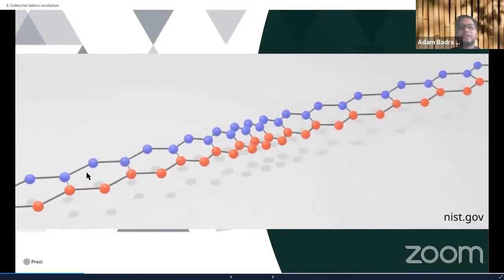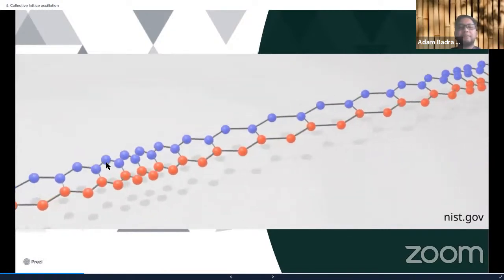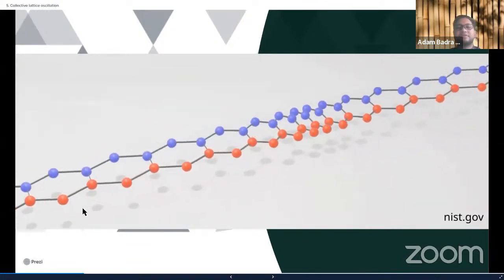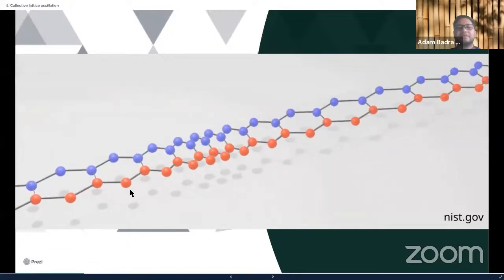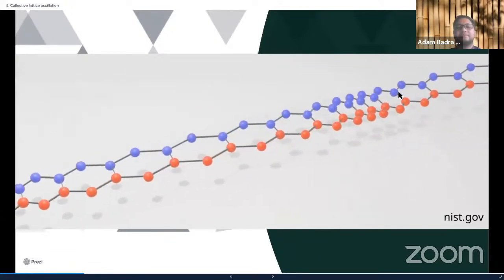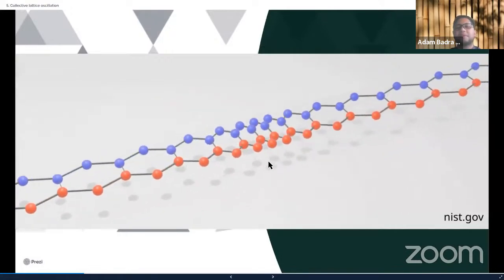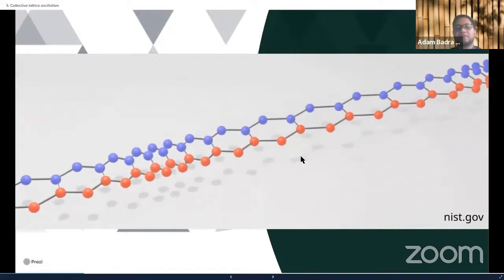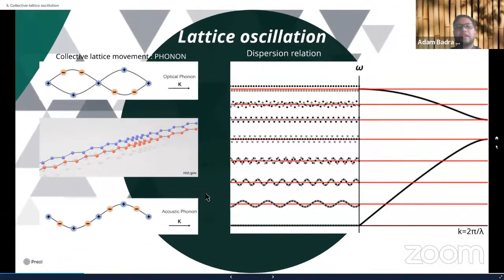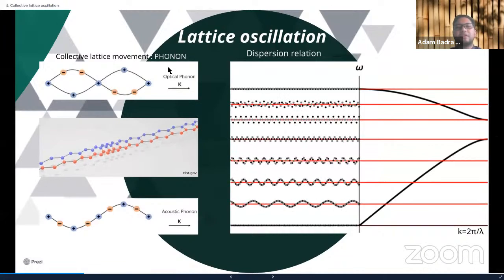It's just moving right to left, up and down only. But you can see that it can carry something. So this is the principle of oscillation, and this collective oscillation plays an important role. It's usually called a phonon.